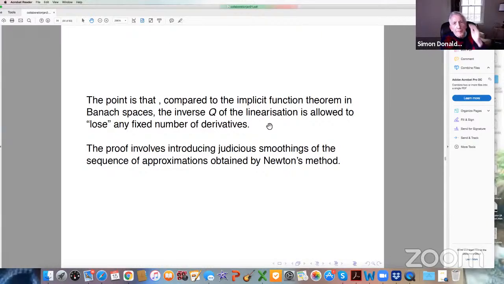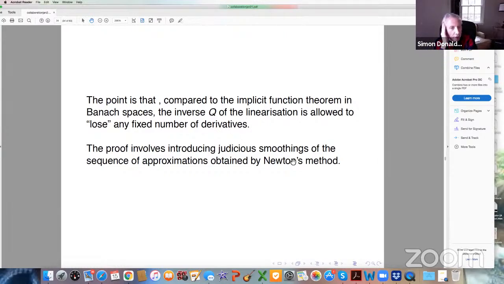Now the proof involves, essentially, we can write down more or less Newton's method, Newton's approximation scheme that we would use to solve this equation by, at each time we change, we modify our approximation by using the inverse that we have.